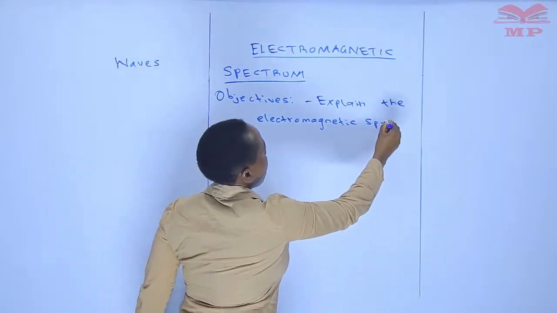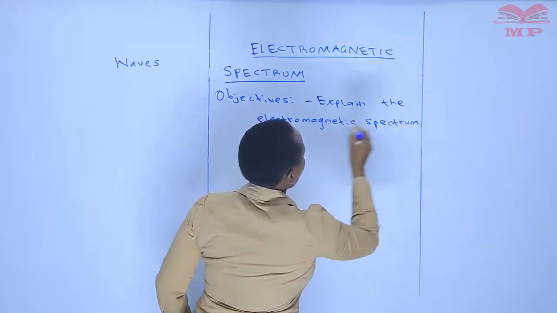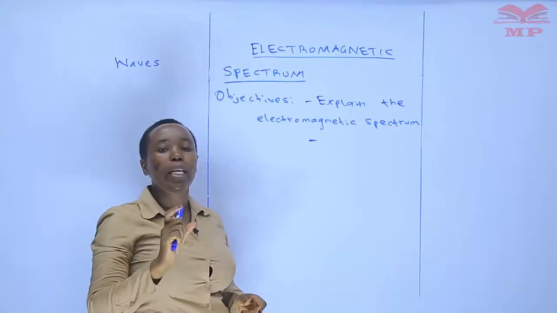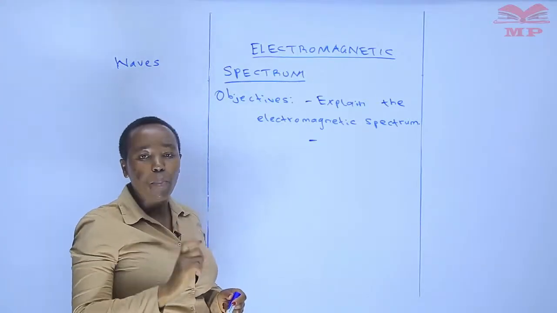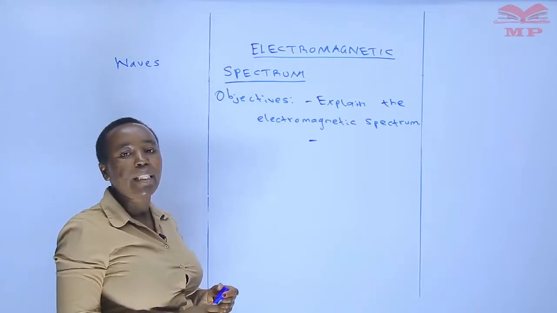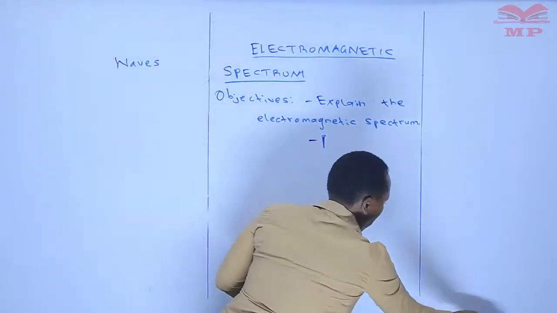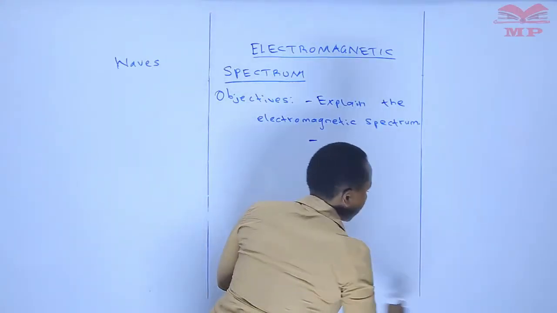That's 1. And number 2, by the end of this lesson, you should be in a position to state the properties of the electromagnetic waves.